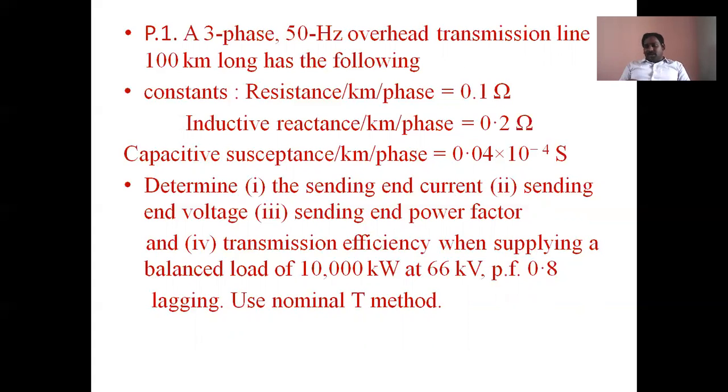That is the Y value, the reciprocal of capacitive reactance. We can then determine sending end current, sending end voltage, sending end power factor, and transmission efficiency when supplying a balanced load of 10,000 kilowatt at 66 kV, power factor 0.8 lagging. Use the nominal T method, which is directly given.